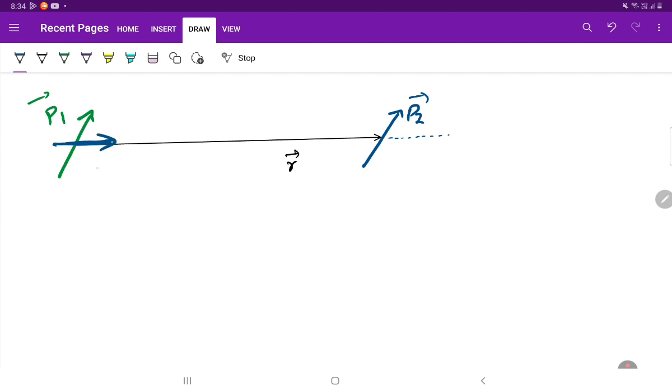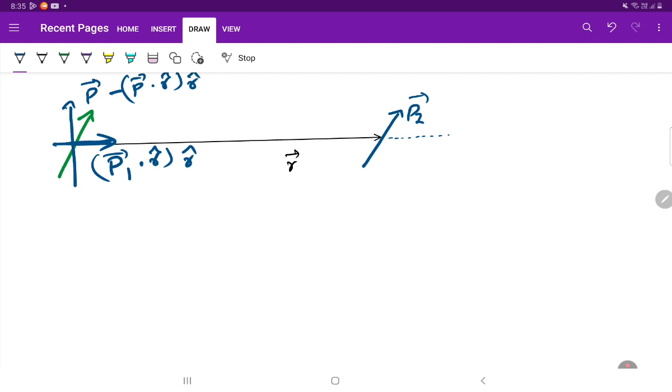So I can say that this side represents p1 vector dot r cap along the r cap direction, and the perpendicular one I can represent as p1 vector minus p1 vector dot r cap along the r cap direction.